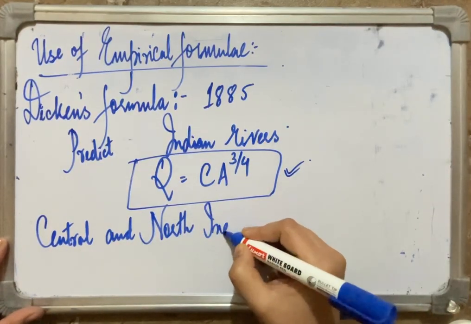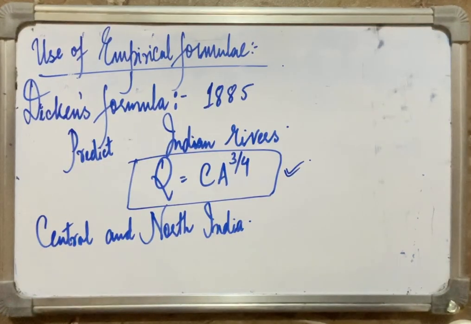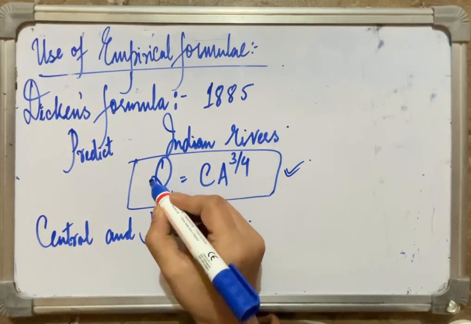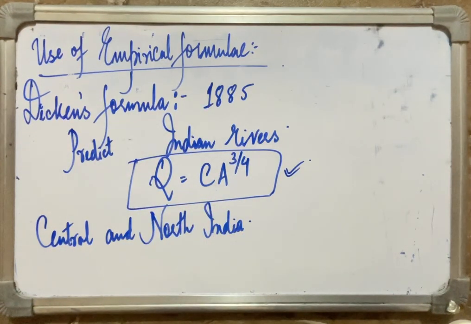The Dickens formula for estimation of the maximum flood discharges is based on the equation Q = CA^(3/4), and this formula is applicable to catchments in central and north India.